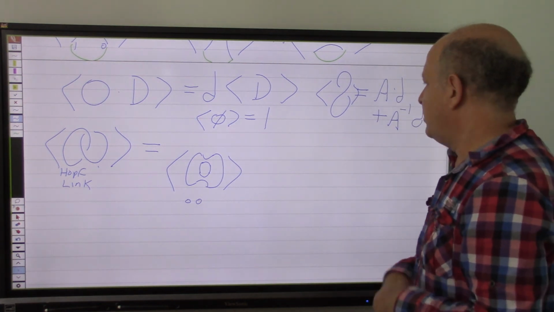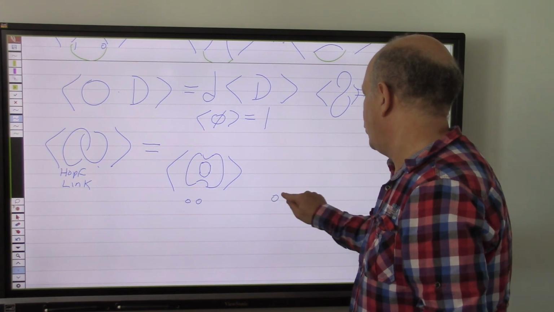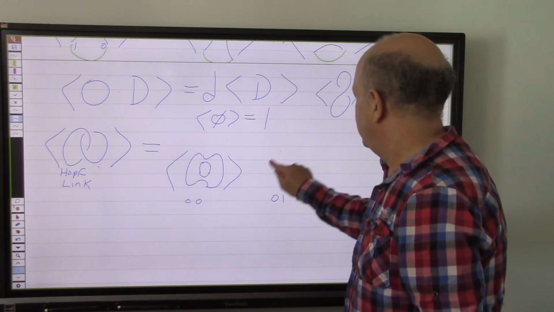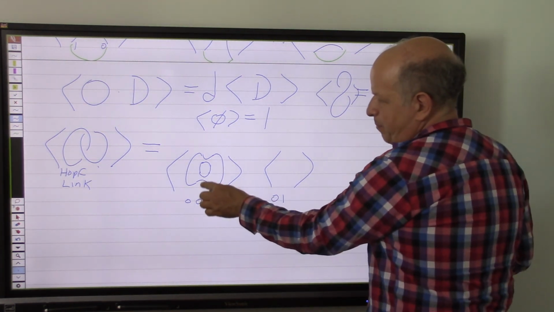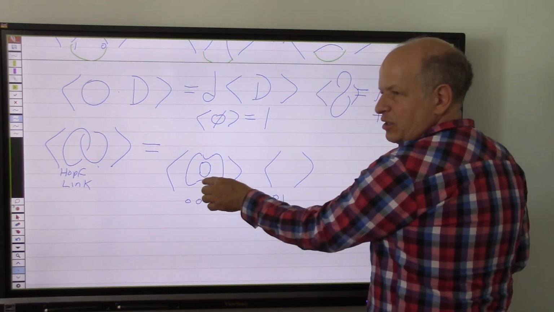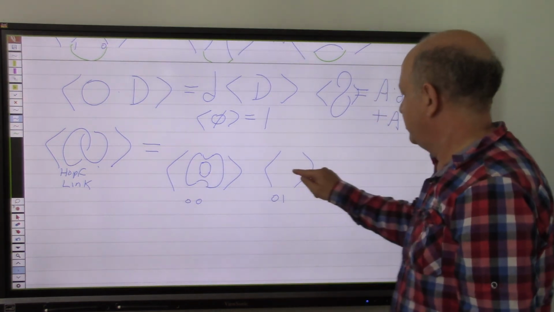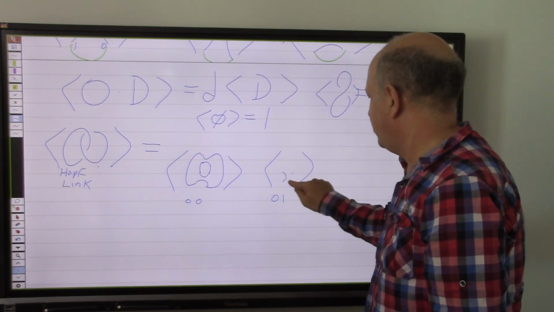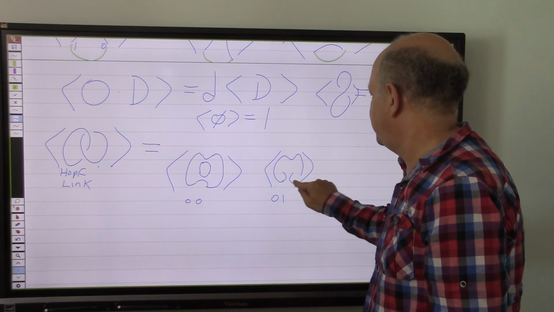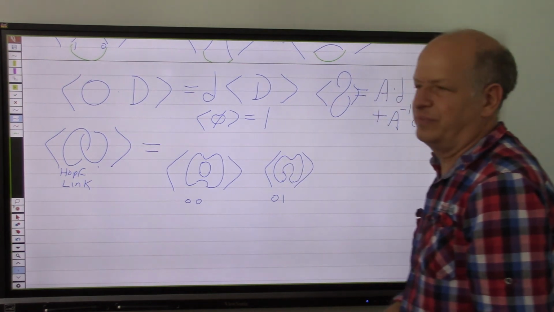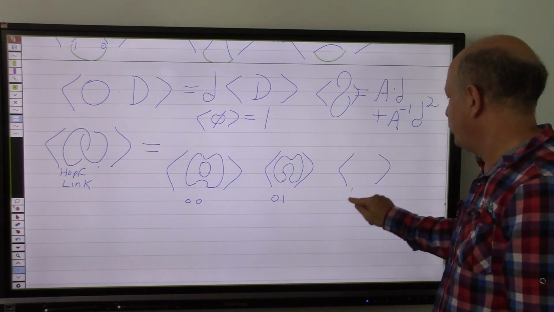Anyway, now let's do the 0, 1 smoothing. So the 0, 1 smoothing, I have to flip the bottom one from a 0 smoothing to a 1 smoothing. So the bottom one looks like this, and then I have this and that. And then I have the 1, 0 smoothing.